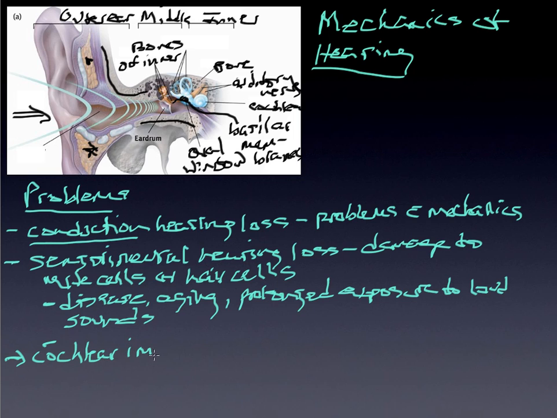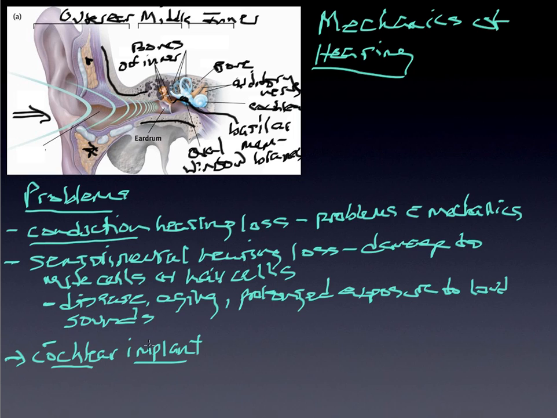We actually implant a device that will stimulate the auditory nerve itself, allowing it to transmit electrical impulses to the brain. Sometimes you might see somebody with a disc on their scalp that is right behind their ear. That's usually a cochlear implant. The wires simply go through the cranium and then stimulate the auditory nerve directly.